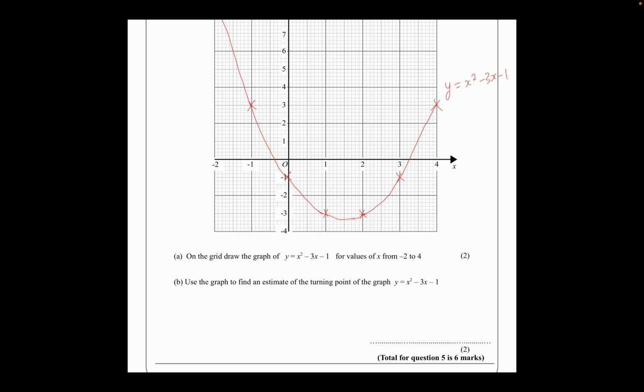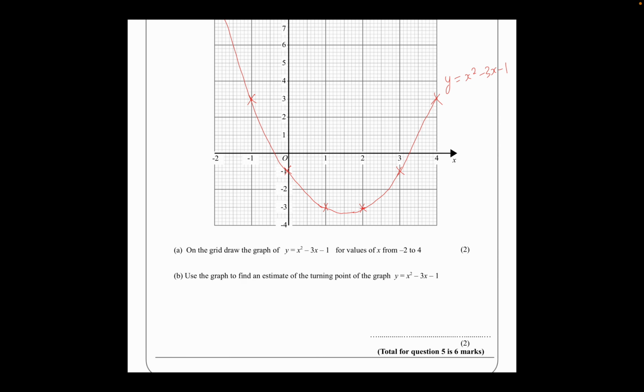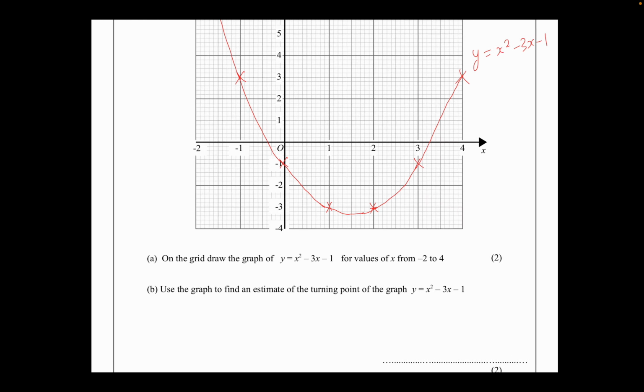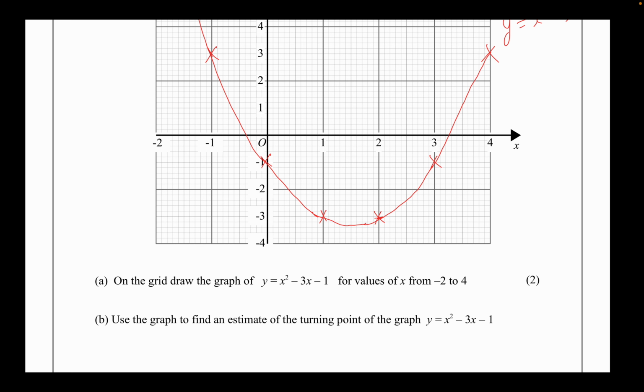Now the turning point of this graph is the point at which the graph turns around. So it's going to be somewhere here. It's actually going to be here. This is going to be your turning point of the graph if you take the symmetry, and this is going to be 1.5 in this case, since we know that 1 divided by 10 is 0.1, so 0.1 times 5, that's 1.5.